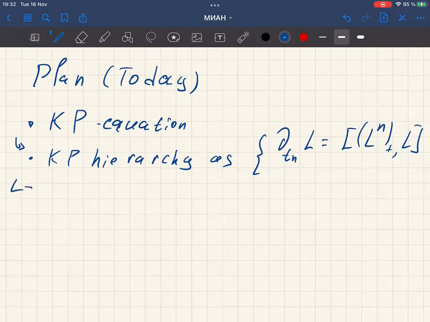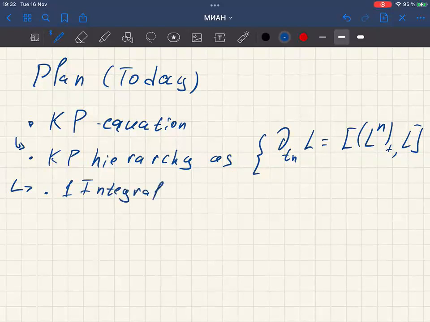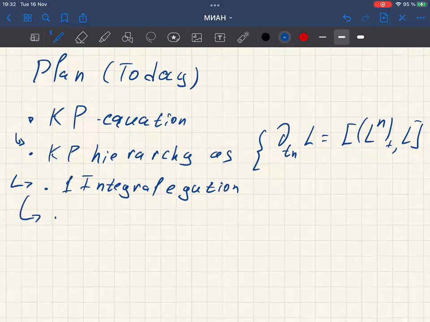After that, I want to write it down as one integral equation. After that, I want to show that from this one integral equation, I can obtain something called the Hirota-Miwa equation.